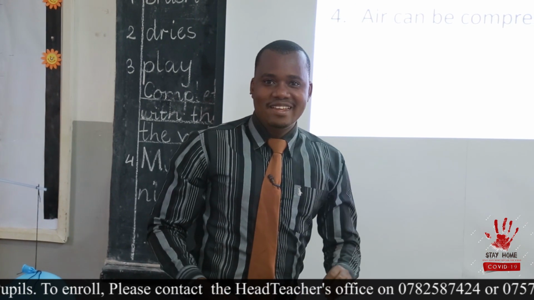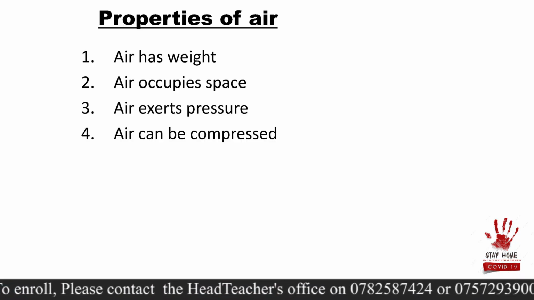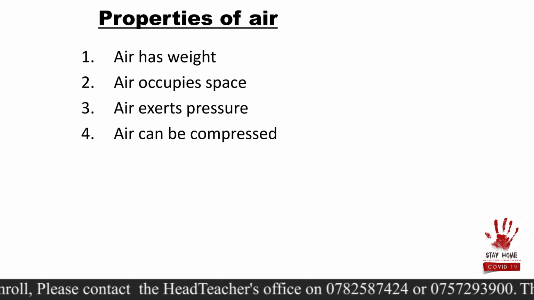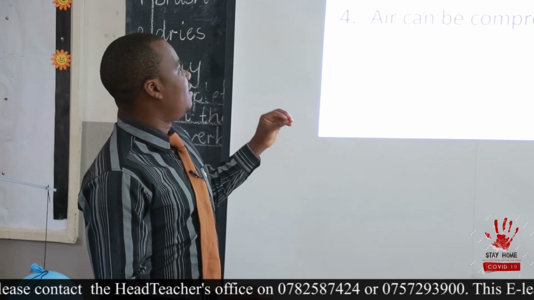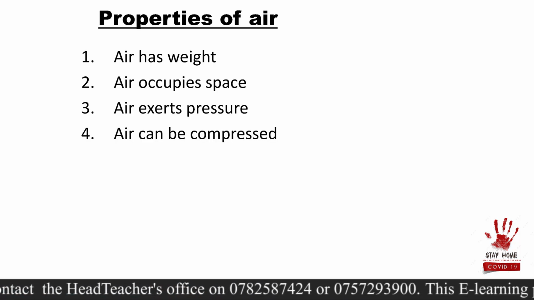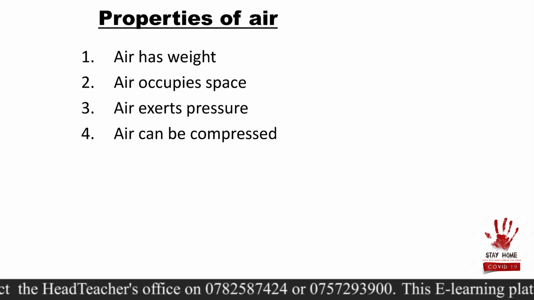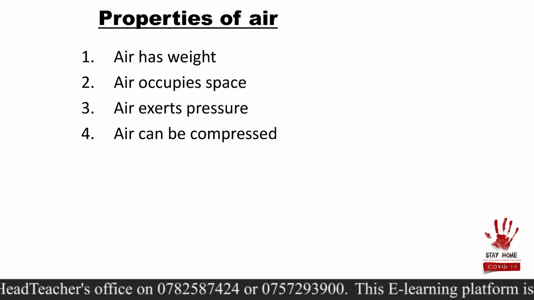Then the next property is air exerts pressure. Can we say that, everyone? Air exerts pressure. Can we say it again? Air exerts pressure. Can we spell the word exert quickly? Exert. E-X-E-R-T-S. Exerts. Then the fourth property is air can be compressed.